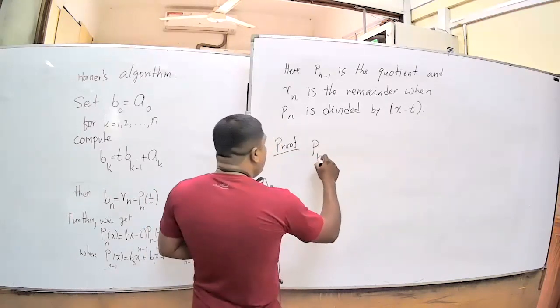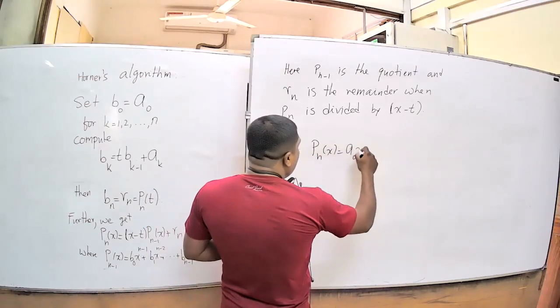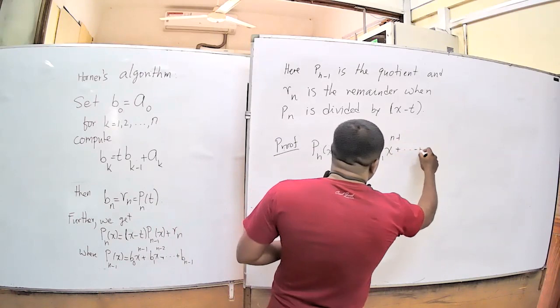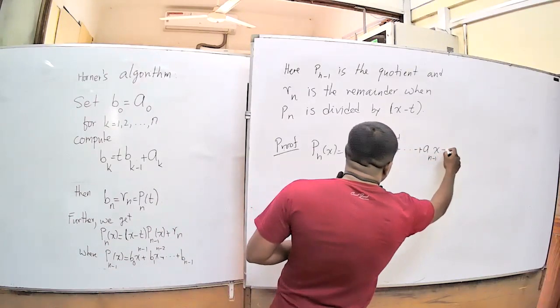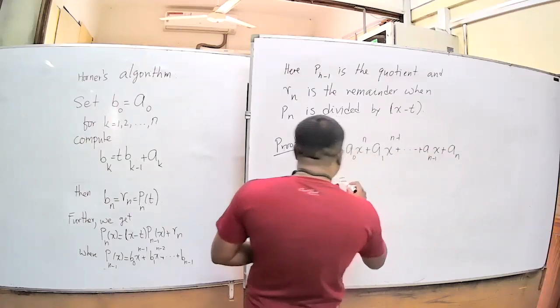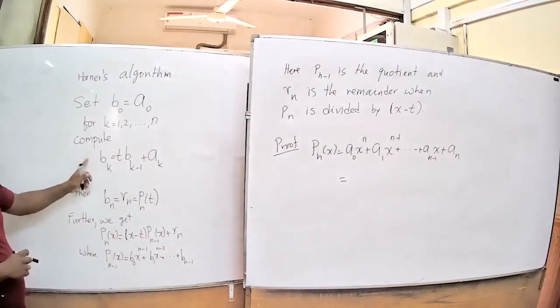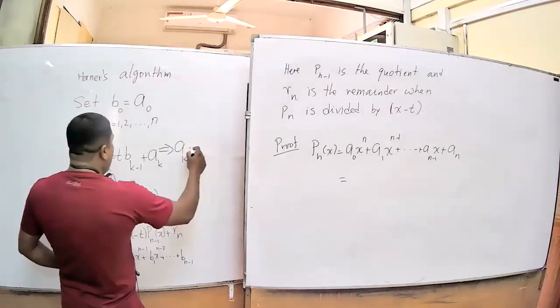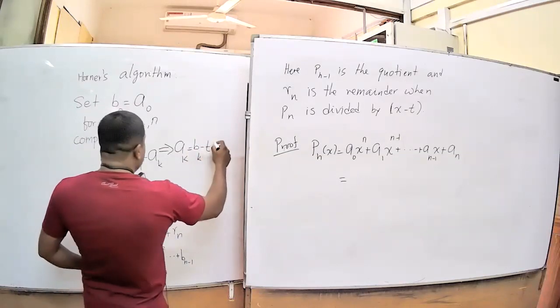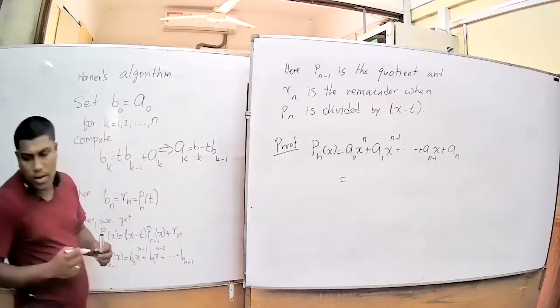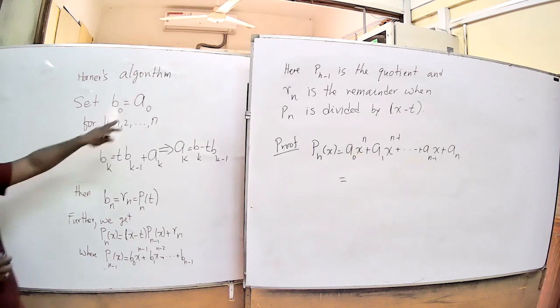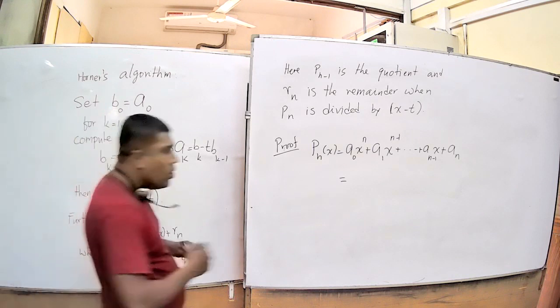So you know that Pn of x is a naught x to the power n plus a1 x to the power n minus 1 plus all the way up to a n minus 1 x plus a n. But from this you can see that ak is bk minus t times bk minus 1, but a naught is b naught.